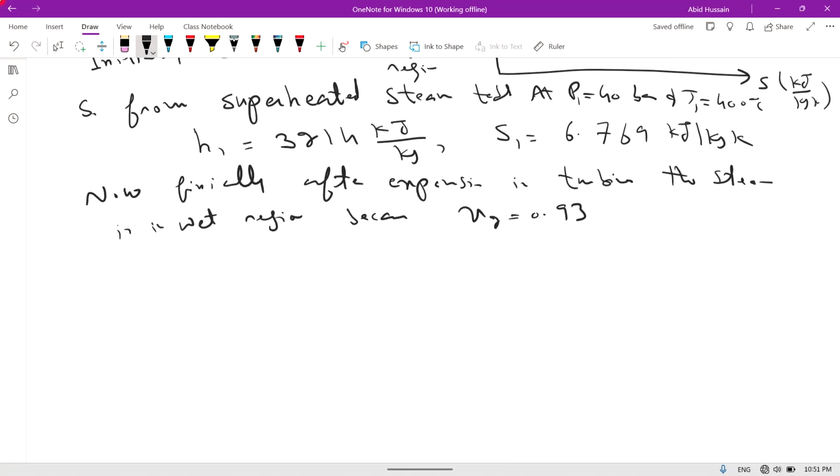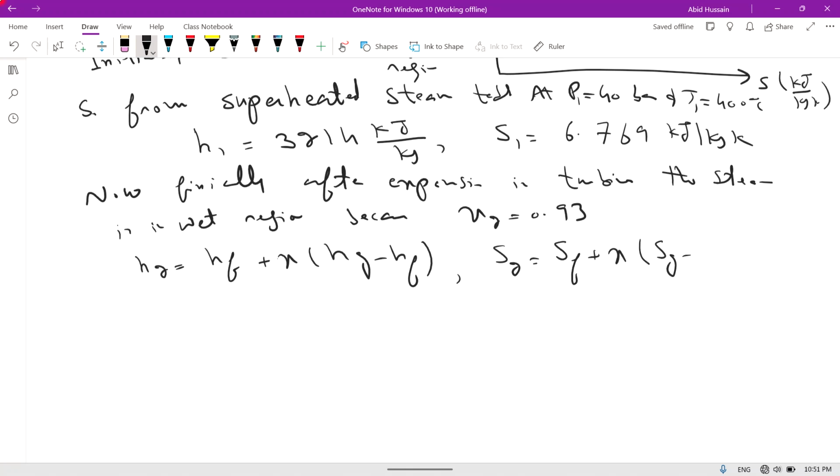So we will use the formulas: H2 is equal to Hf plus x times Hg minus Hf, and S2 is equal to Sf plus x times Sg minus Sf.